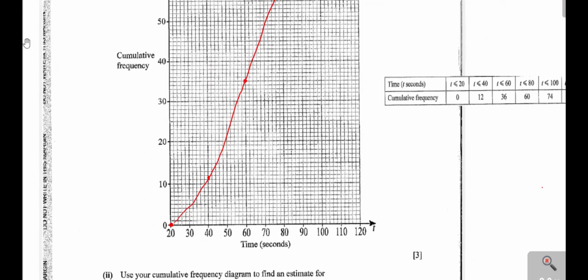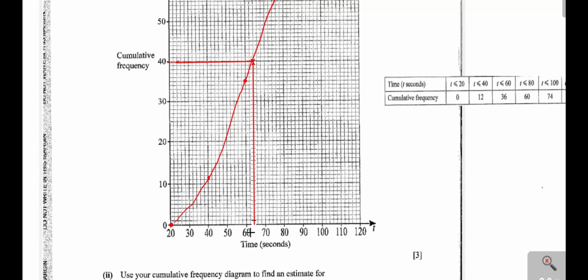We can calculate the time if we draw a horizontal line from cumulative frequency value 40, and this horizontal line intersects the curve at this position. Now we will draw a vertical line from this position, and it intersects the time axis at this position.